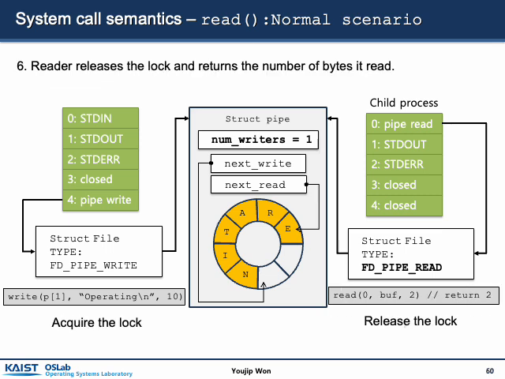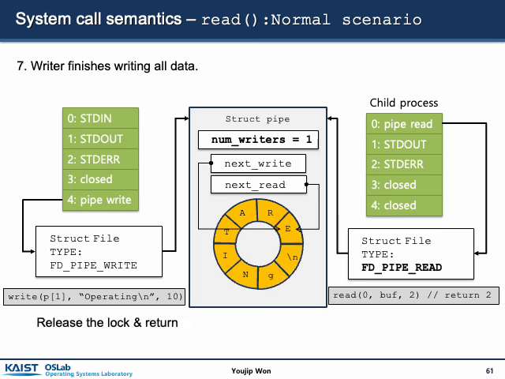After reading all the contents, the read system call returns successfully, and the reader process releases the lock of the pipe. This cycle repeats until the reader process reads all the contents in the pipe buffer from the writer thread. Let me skip the remaining slides since the process is the same.